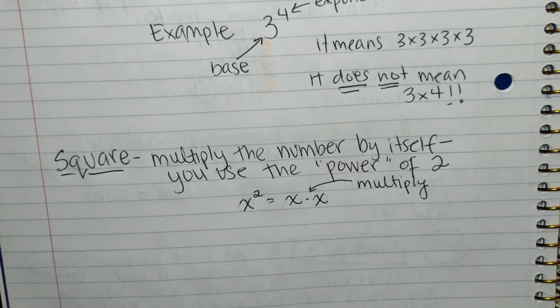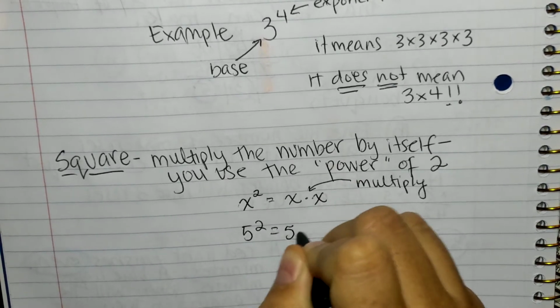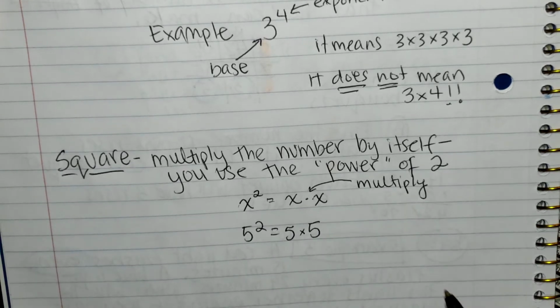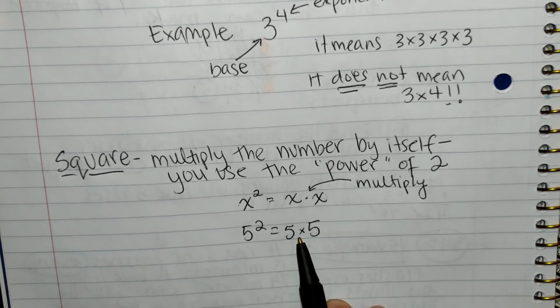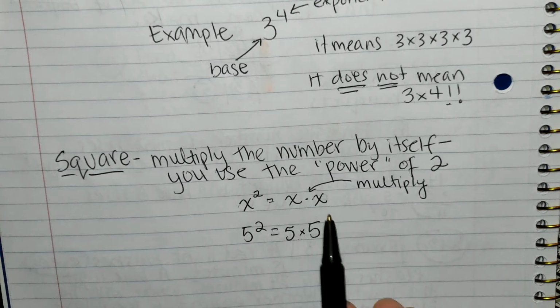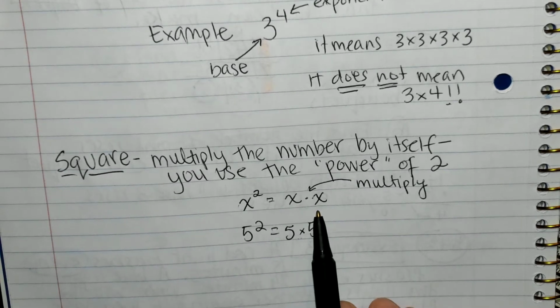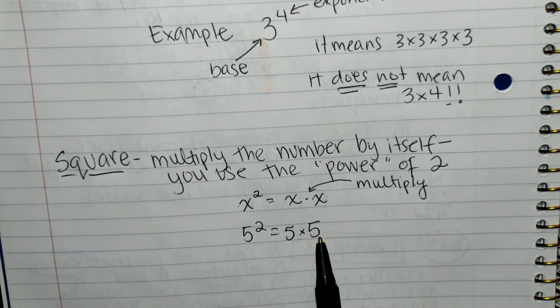And you'll get to know that a little bit better as we go into more algebra solving closer to the spring. So another example of a square would be 5 squared, which means 5 times 5. Here we could use the multiplication sign because we have two numbers. We don't use the multiplication sign when we use algebra or letters because it would look like XXX, and that is very confusing.